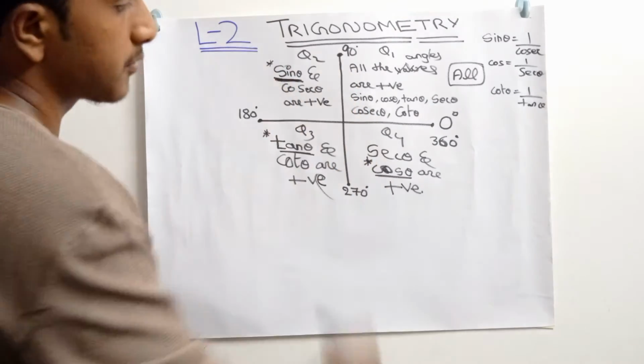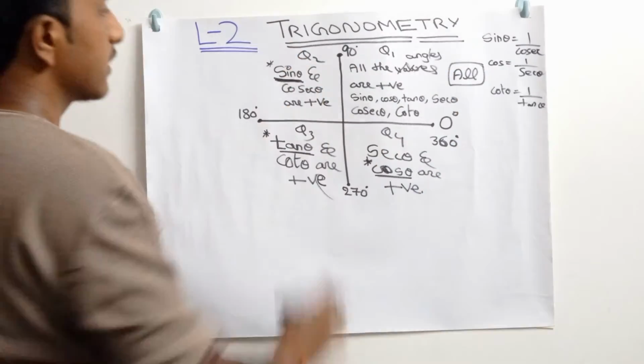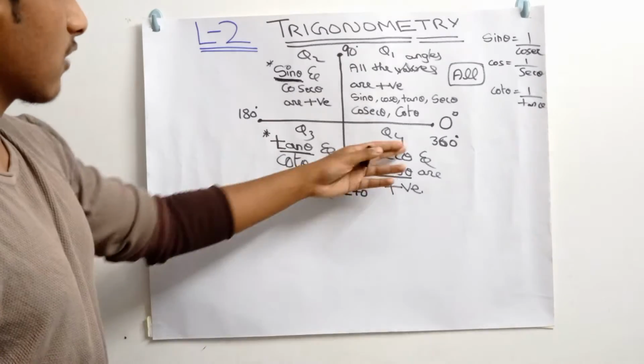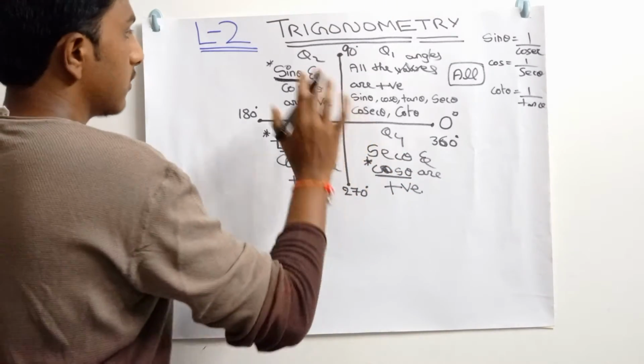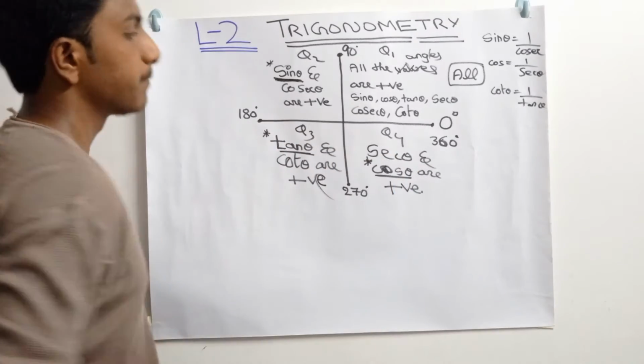Now I'll tell you a small trick to remember this. First, you know that in the second quadrant sin theta and cosecant theta are positive. In the third quadrant tan theta and cot theta. In the fourth quadrant, cos theta. First you have to remember all, sin theta, tan theta and cos theta.